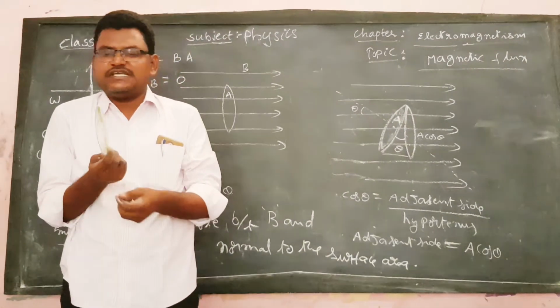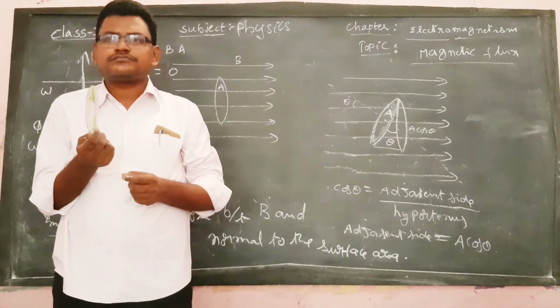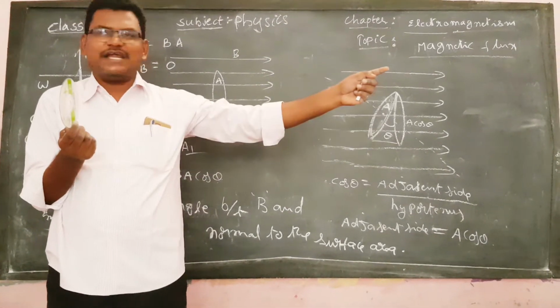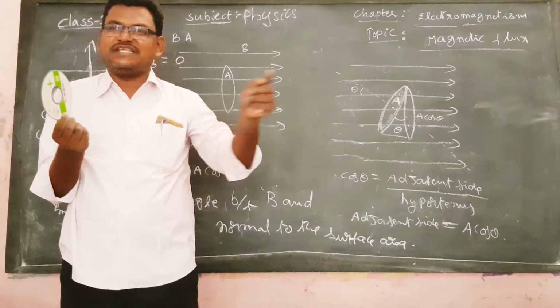Now take the surface area in this orientation. Now see here, this is the direction of the magnetic field and this is the direction of the normal to the surface area.